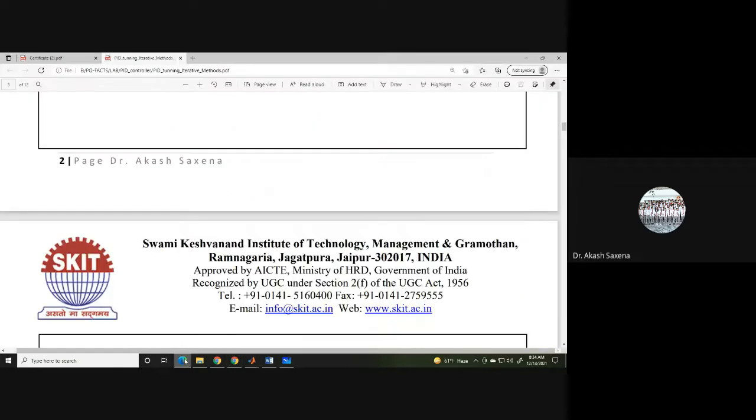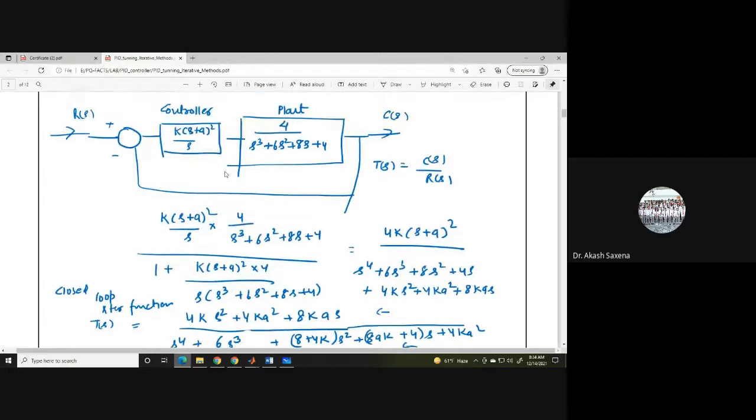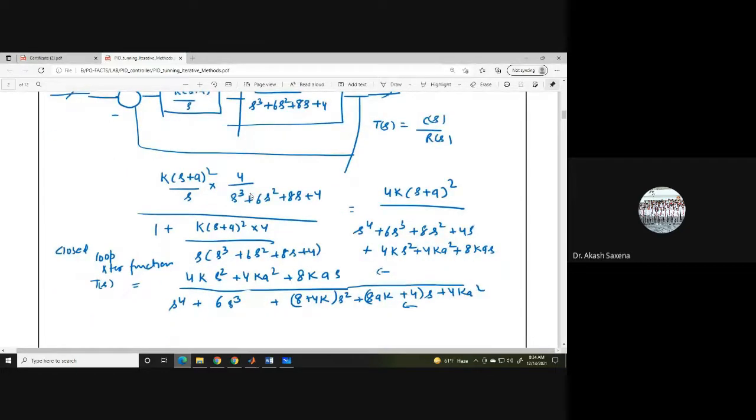Here, when you do this, you will be able to see that I can get the transfer function. You see, this is the GC, this is G. So 1 plus G into GC.